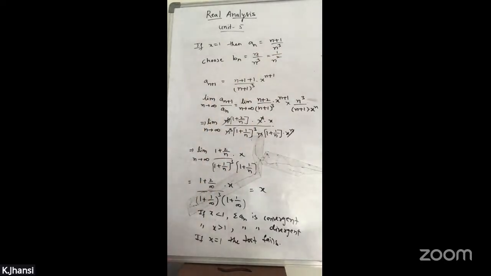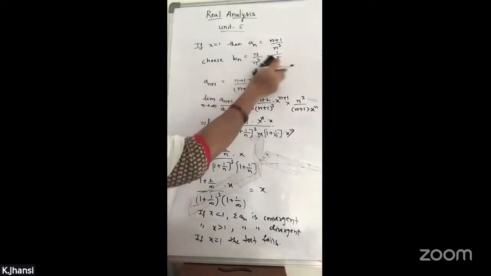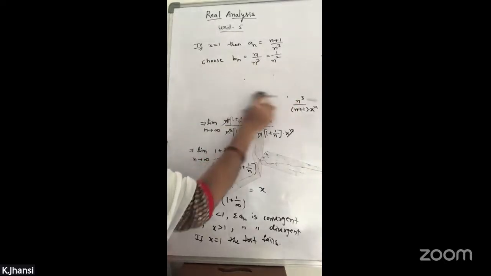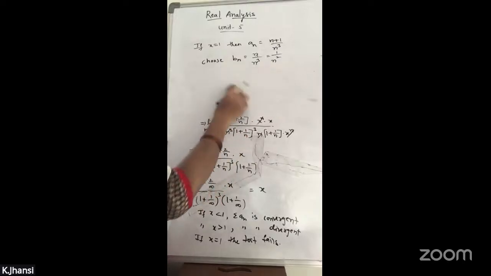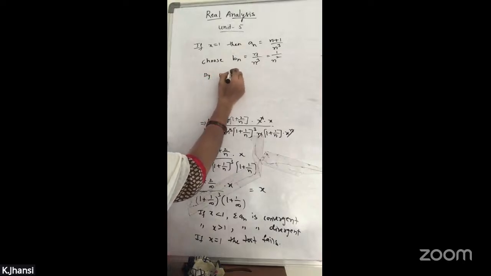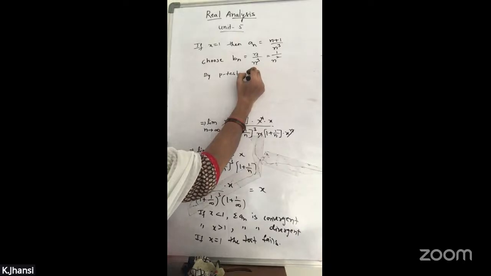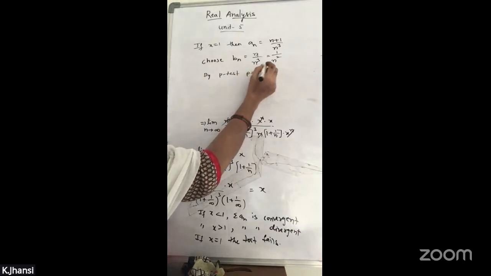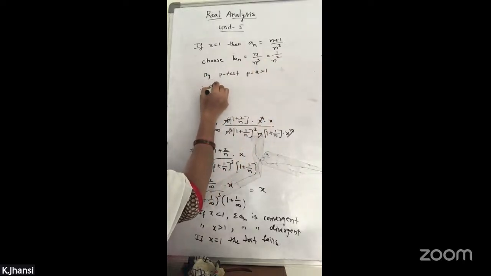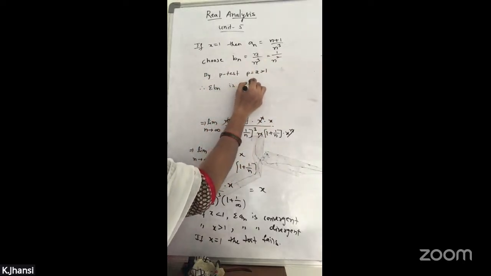So from the p test, we know that the p value is 2, which is greater than 1, so it is convergent. By p test, p value equals 2, which is greater than 1. Therefore, summation bn is convergent.